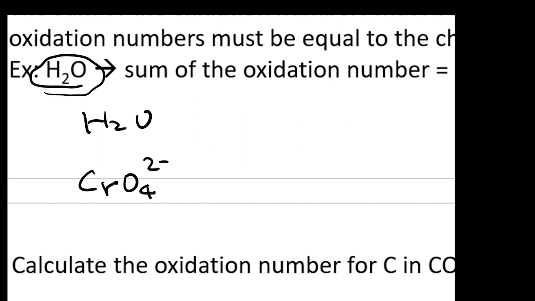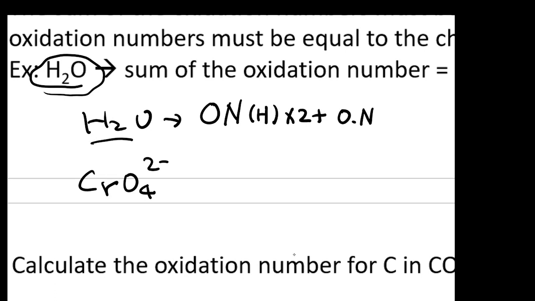The very important concept is that if it is neutral, then the oxidation number sum of every atom needs to equal 0. That means the oxidation number of your H multiplied by 2 plus the oxidation number of your O should equal 0 for your H2O.